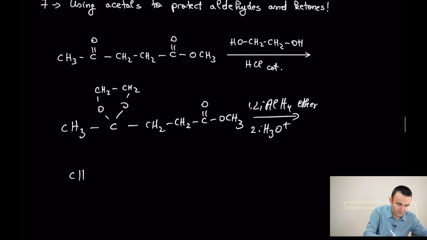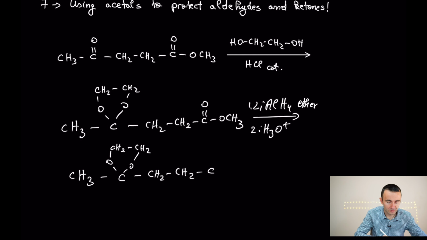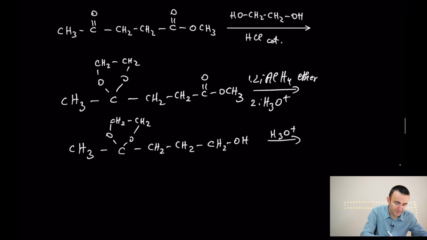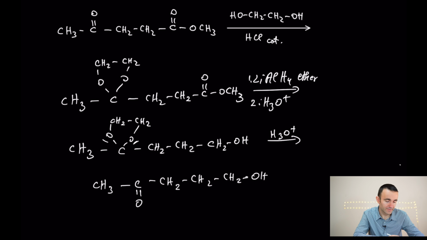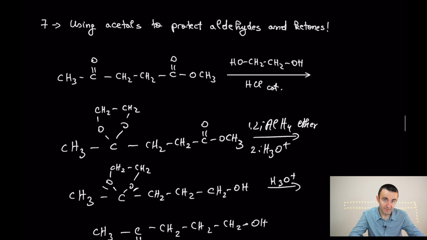So in this case, this remains untouched, and you have the formation of a primary alcohol. And if we do hydrolysis, you're going to remove the acetal that is formed here and leave the ketone group untouched, right? For this reason we use acetals.